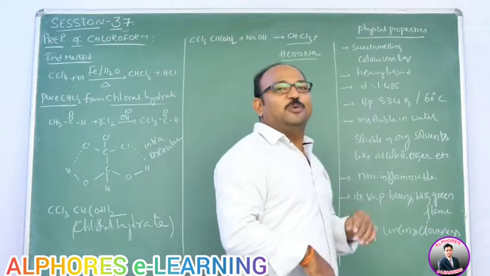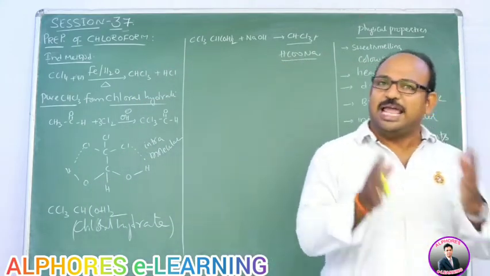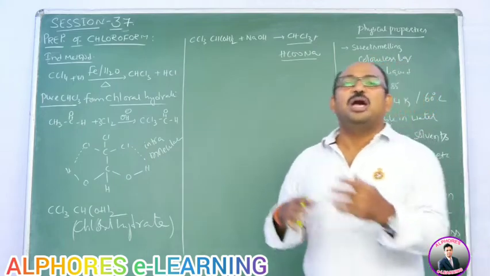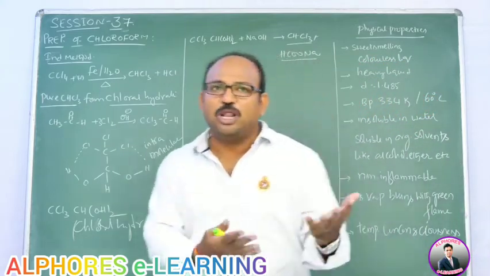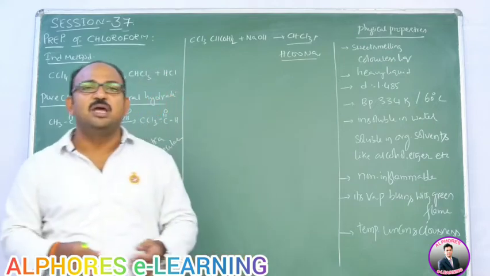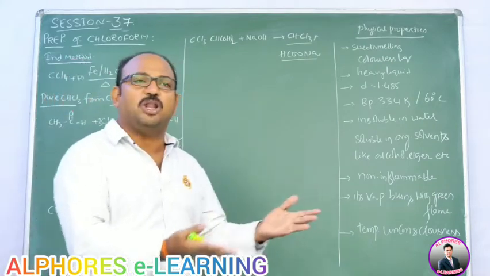And it is insoluble in water. As you know, by the like dissolves like principle, polar compounds are soluble in polar solvents, and non-polar compounds are soluble in non-polar solvents.